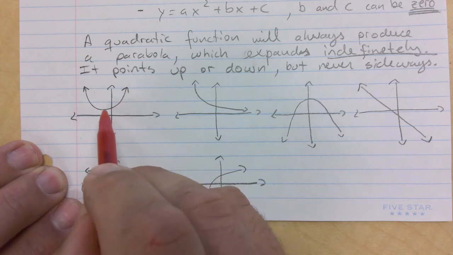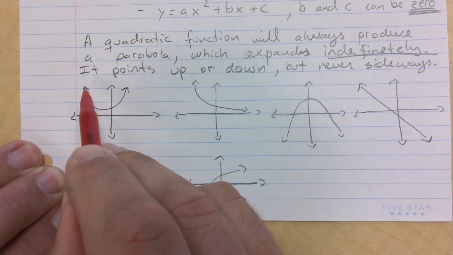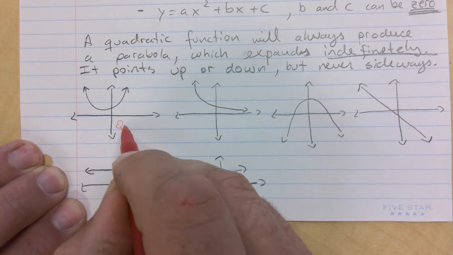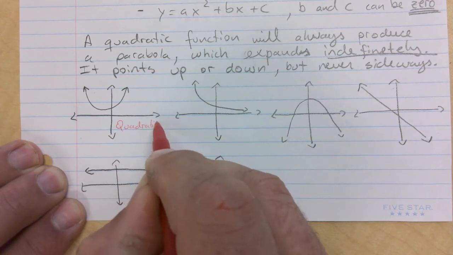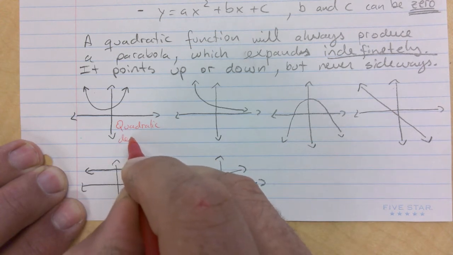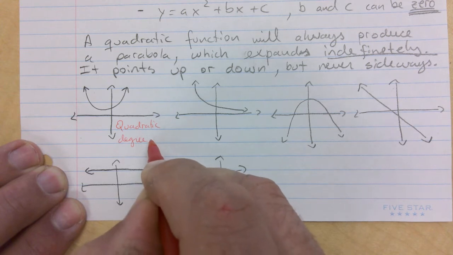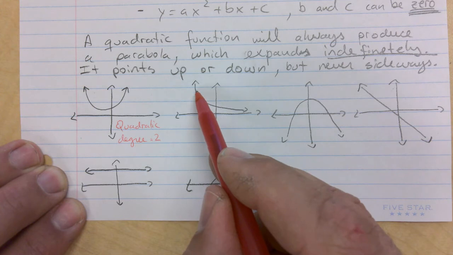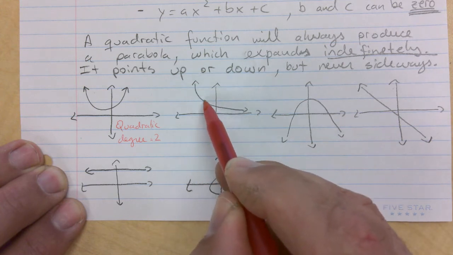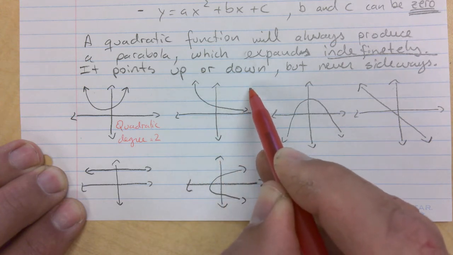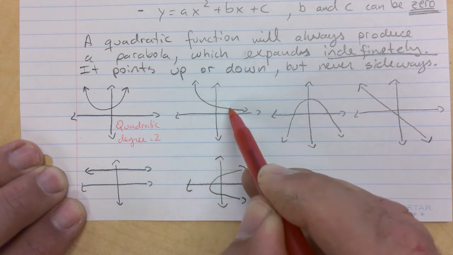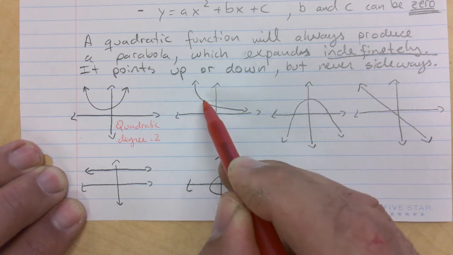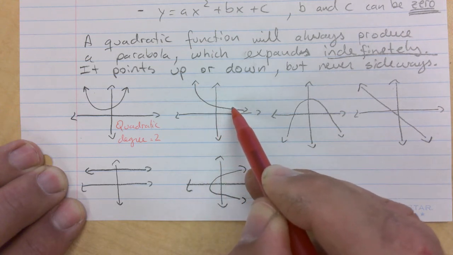Okay, so this has that horseshoe shape. So this is actually a quadratic. A degree of 2, right? This one almost looks like it at first, but you need to see that it's going to go back up, right? This kind of starts, then it goes like this, but it doesn't go back up.